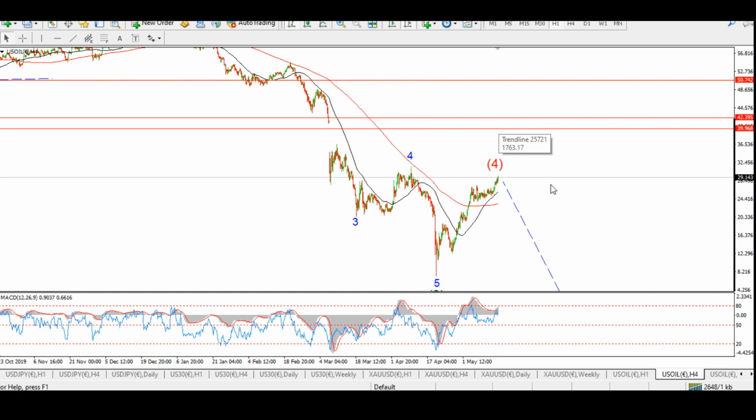Wave 4 in blue, I'm still counting this as a 3-wave pattern, flat correction, probably an A, B, C up in A, B, C down in B, and then a 5-wave rally in wave C. The corrections over the last week or so seem to have been maybe a triangle, but that's a bit of a stretch to call it a triangle, I think.